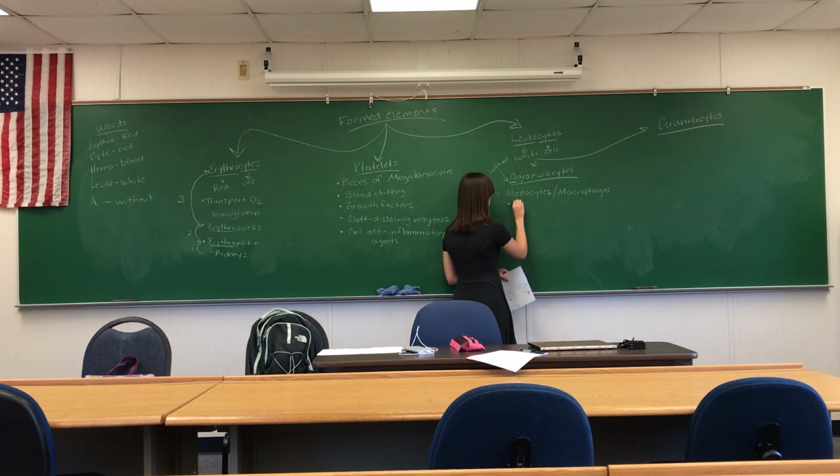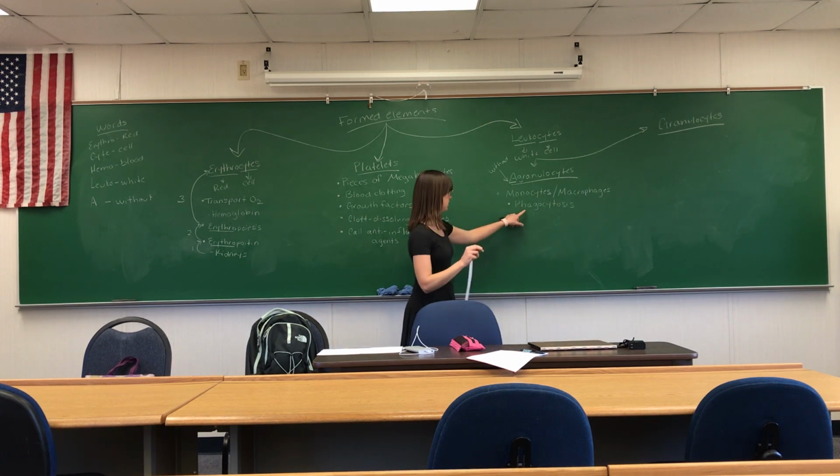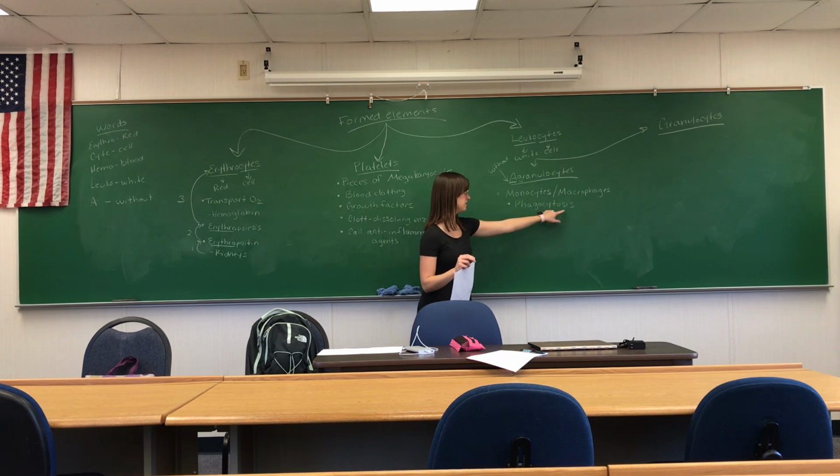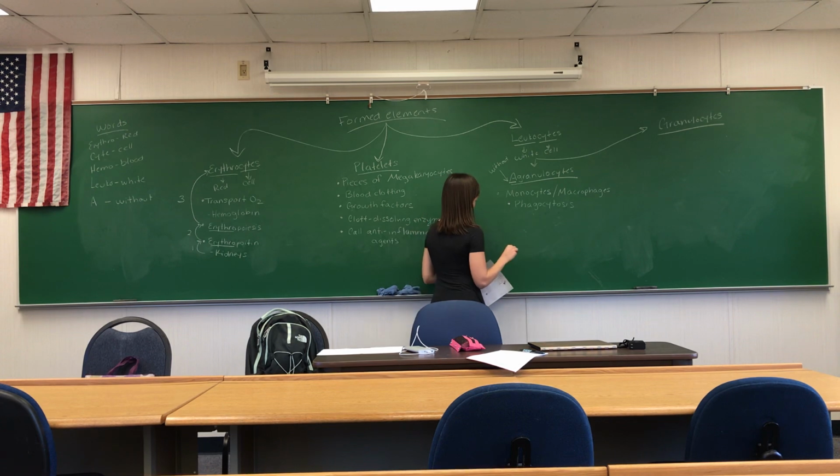The term is phagocytosis. So literally eating cells, and then the -is means the process of. So it's the process of eating cells. It's literally what it is. So we've got the process of eating cells is our macrophage, our monocytes.